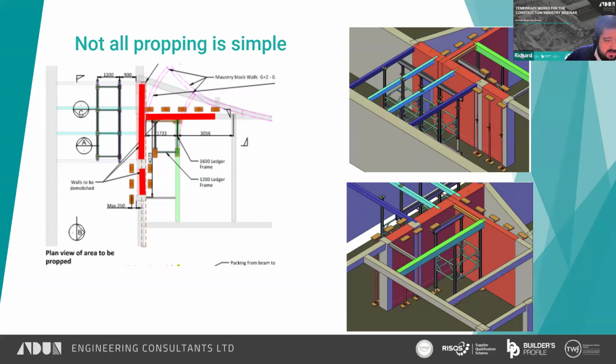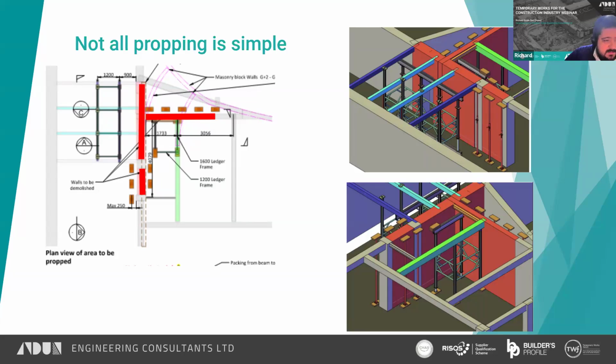But to leave enough space for the work to actually be carried out, that line of Titan props all had to leave a gap so that workers could actually get in and demolish that wall. And then the bracing in between all these props had to be removable one bay at a time as well, which added even more complications when the floor above had curved walls on it with odd load paths all going through it.